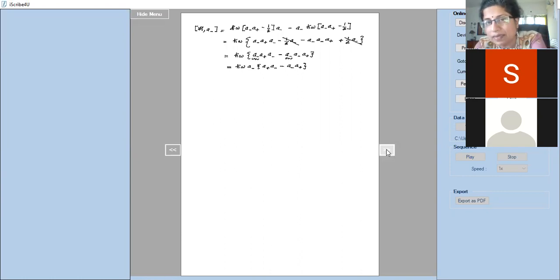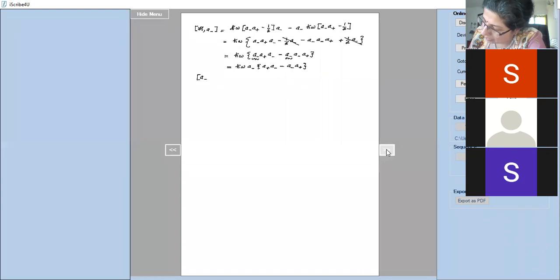Of course, 1 is a constant. What I'm saying is that the commutator of A minus A plus is equal to 1. So A plus A minus minus A minus A plus is the commutator between A plus and A minus. Now can you tell me what this is?